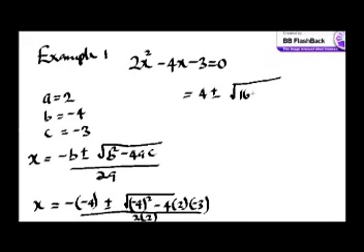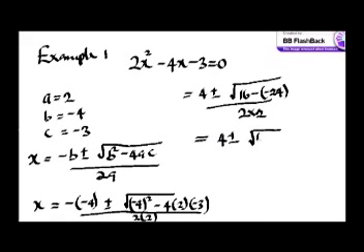Or sometimes you could just put the minus sign here and multiply everything out here. 4 times 2, 8. 8 times minus 3 will be minus 24. Everything divided by 2 times 2, which is 4. But let me just leave it at 2 times 2 for now. So 4 plus or minus square root of 16.